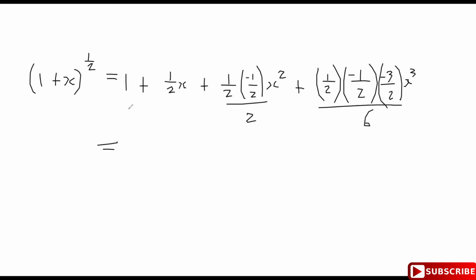So what we get is 1 plus x over 2. This part simplifies to minus x squared over 8. And then this part works out to be, minus and minus make it become plus, so that is now 3x cubed over 2 times 2 is 4, 4 times 2 is 8, 8 times 6 is 48.